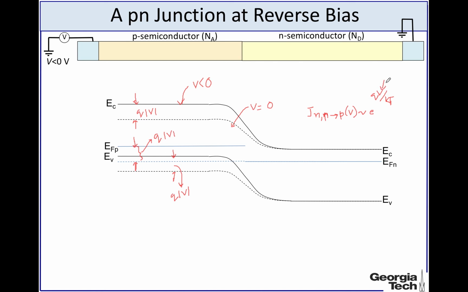Now V is negative here, and as a result this will be e to the power of minus QV over KT, smaller than the value for V equals 0, and if the magnitude of V is larger than 3 times KT by Q, then this actually will become almost 0.